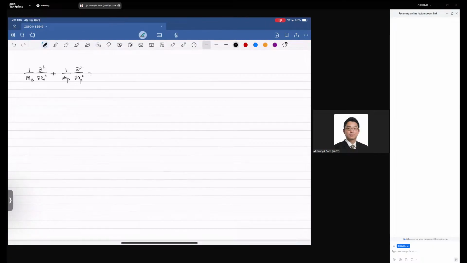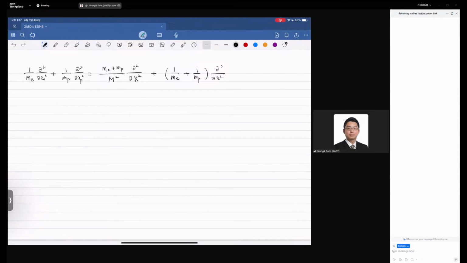If you just put what we have just learned into this expression, you write down the whole thing. Okay, it became rather simple here, right? It became rather simple.